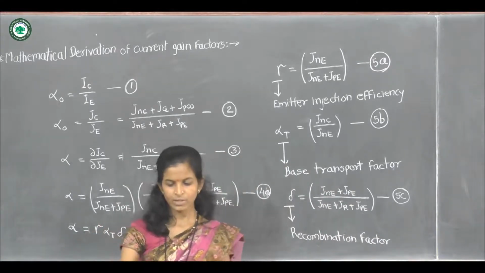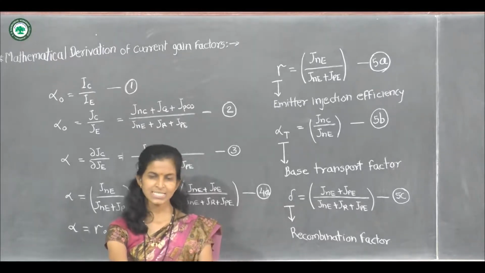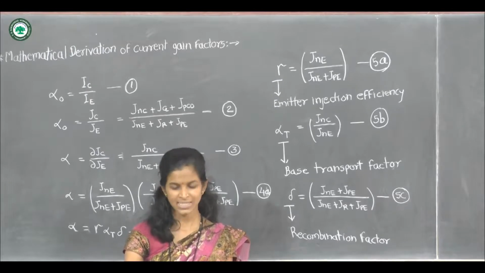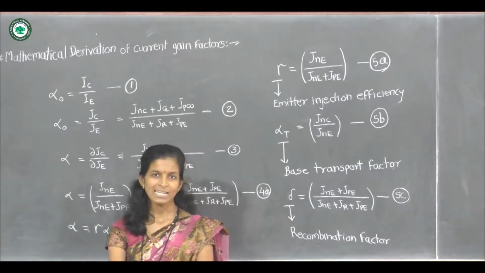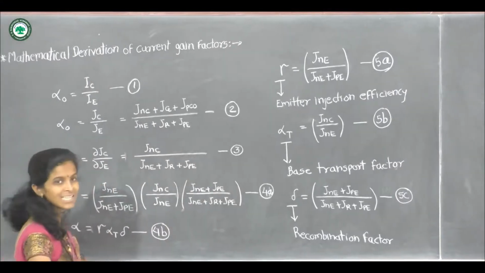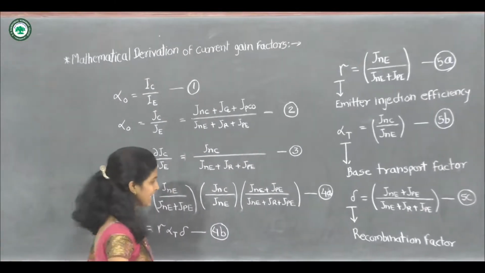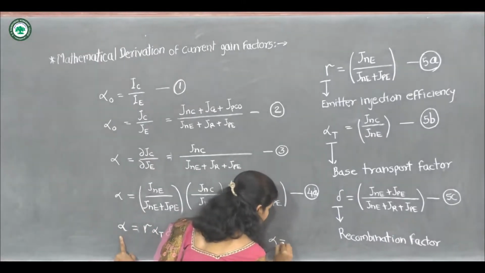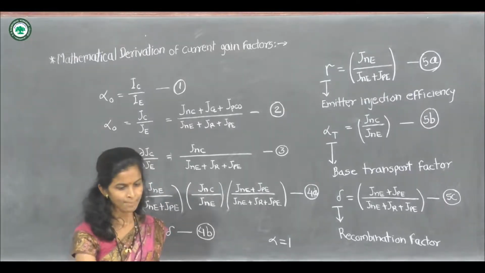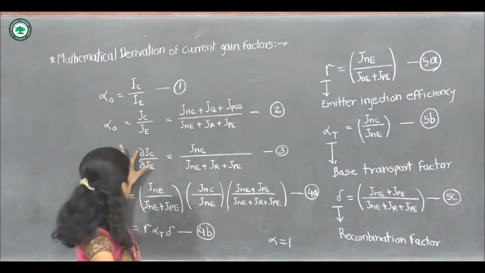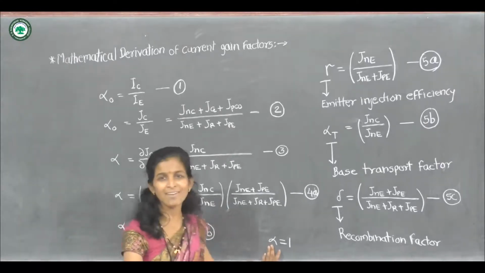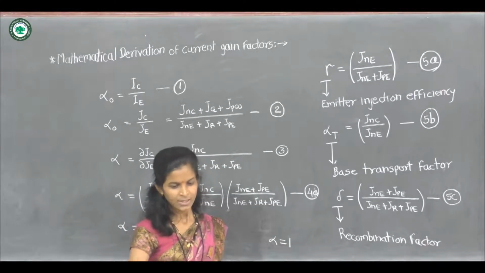So we would like the change in collector current to be exactly the same as the change in emitter current. Ideally this factor alpha, which is known as the common base current gain, is equal to 1. When the change in collector current and the change in emitter current become the same, alpha will be equal to 1.